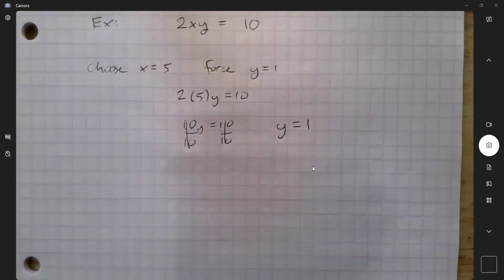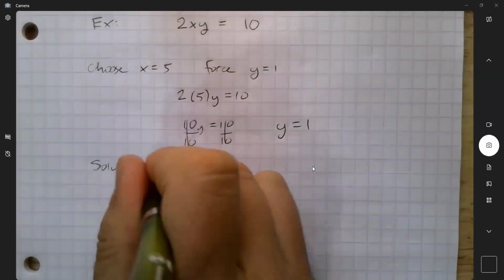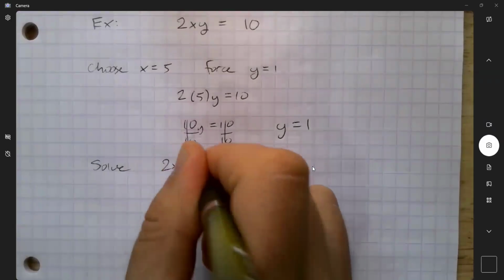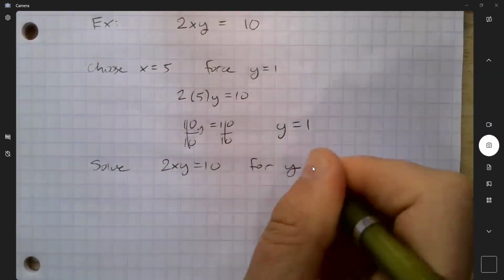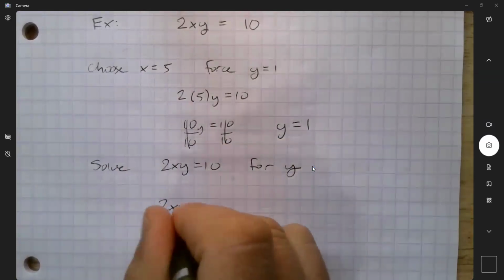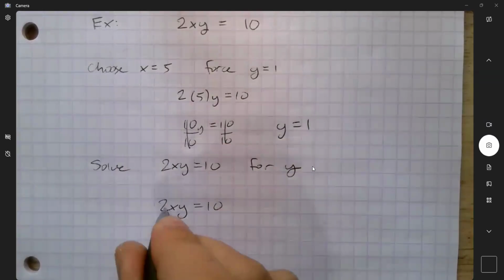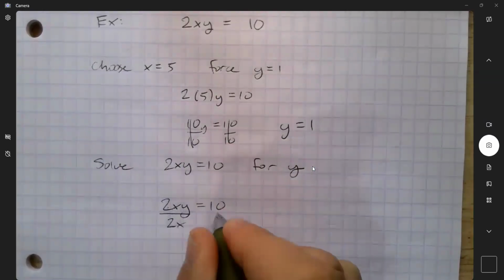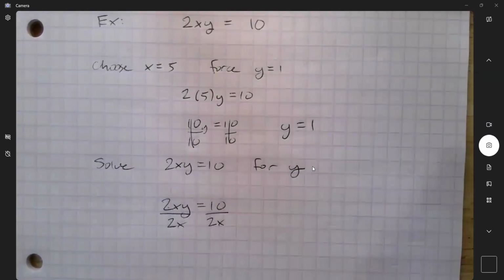So let's solve 2xy equals 10 for y. We want to get y all by itself. And because it's multiplied by the 2x, I'm going to divide both sides by the 2x.